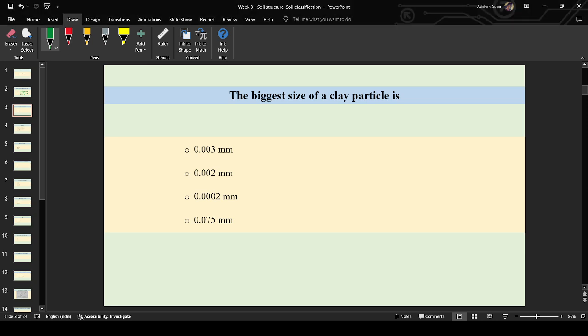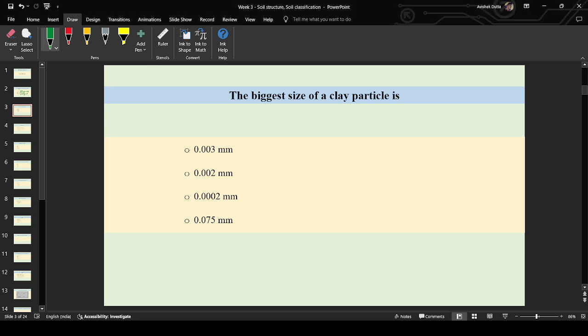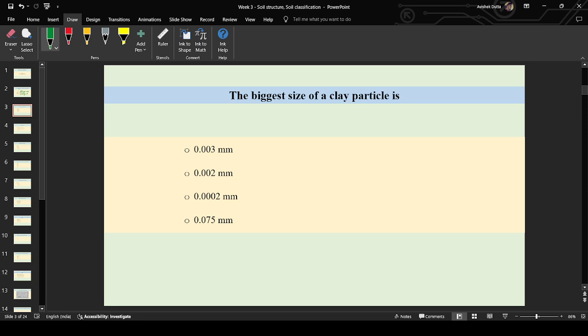The biggest size of a clay particle is, what is the answer? 0.075 mm? No, it is wrong. Anyone else? 2 micron. 2 micron means which option? 0.002, right? Yes, this is 2 micron. And 0.075 mm is 75 micron.